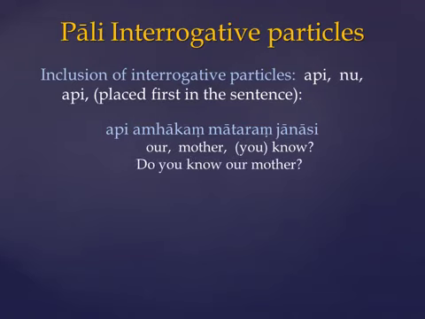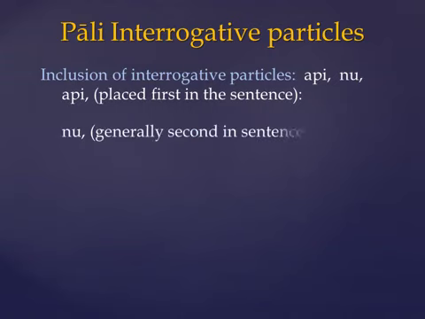The other interrogative particle is nu, and nu is an enclitic. This term literally means to follow, and so enclitics always follow another word. In effect, nu will generally be the second word in a sentence. And again, it indicates that that sentence is actually a question.